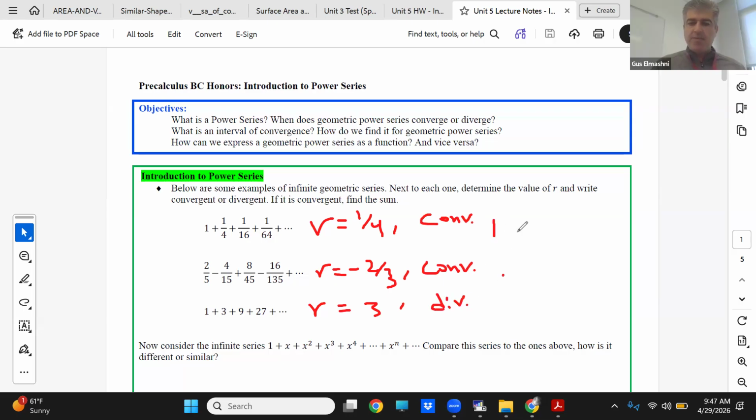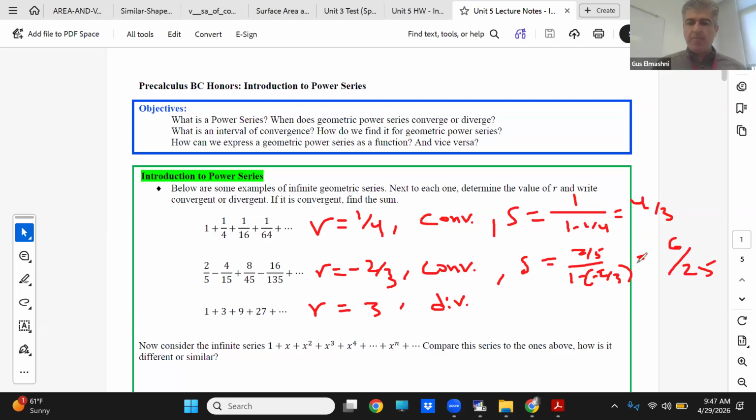The sum for the first two would be 1 over 1 minus 1/4, which if you clean it up should be 4/3. And the sum here would be 2/5 over 1 minus -2/3, which should be 6 over 25 if you work it out.